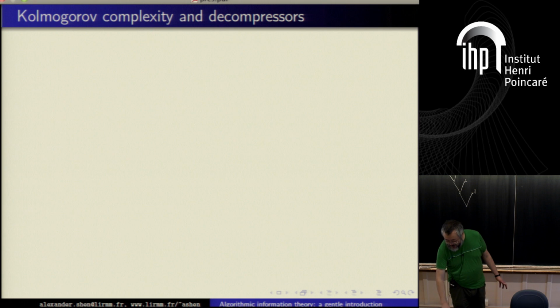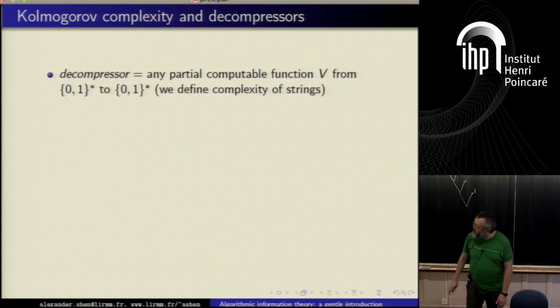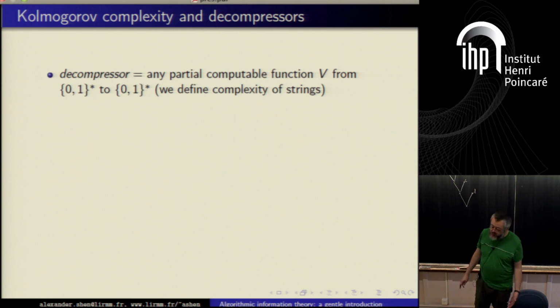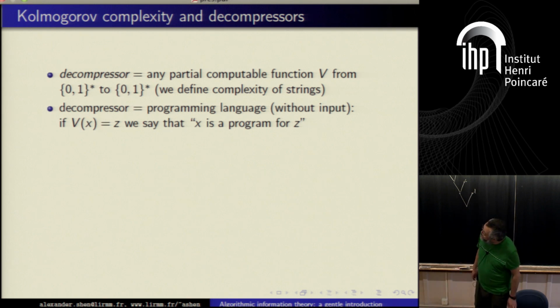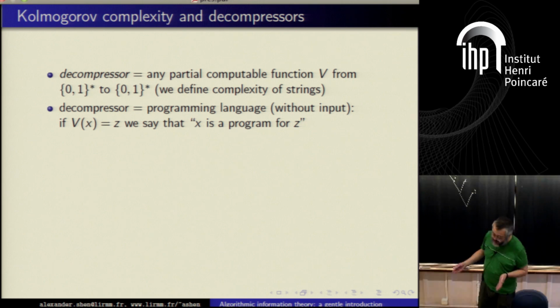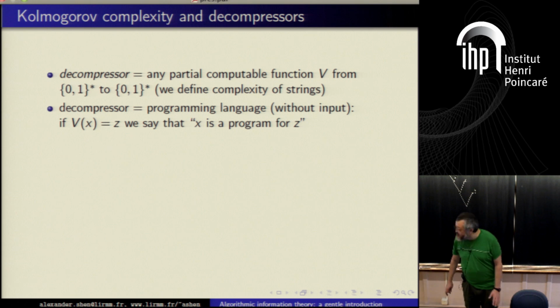So of course, we can give a definition. We can consider any partial computable function as a programming language or decompressor or something like this. If it's a programming language, then the language is without input: a program X is run, and then the interpreter for the programming language, V, produces some string Z, and then X is a program for Z, and also X is a compressed version of Z, and so on.